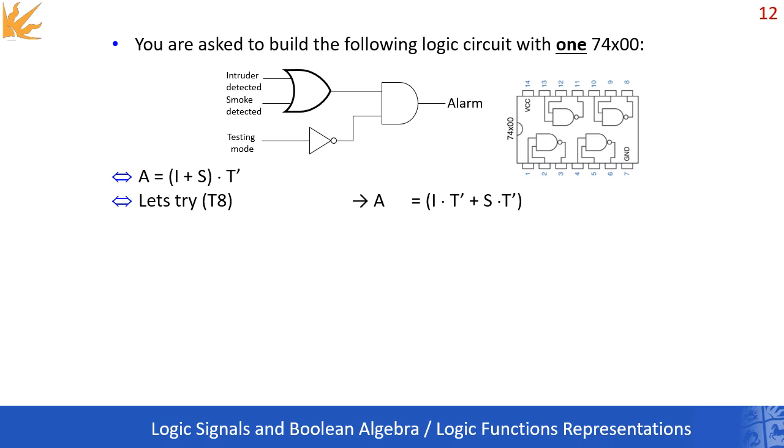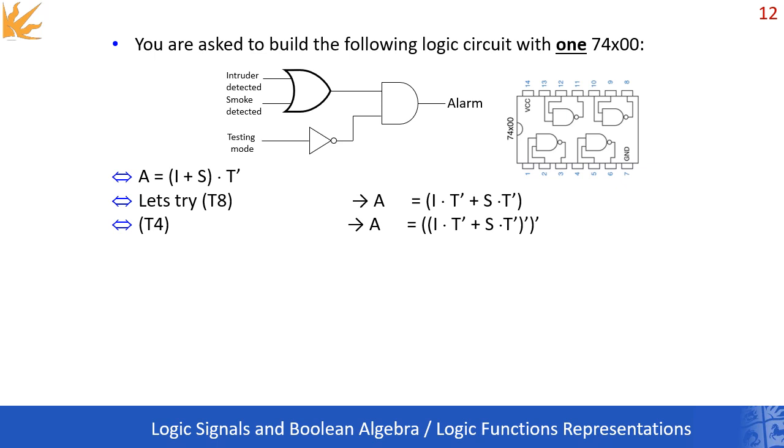According to distributivity, whatever you got on this side will become I times T inverted, or S times T inverted. And then we apply rule T4, which is the involution. So we invert and then we invert again.